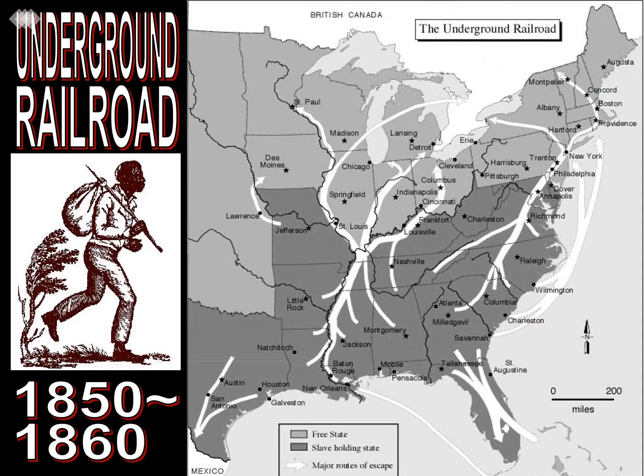So exactly what was the problem? Why ask for a Fugitive Slave Act? The Fugitive Slave Act was in itself an admission that the South had a problem with fugitive slaves.